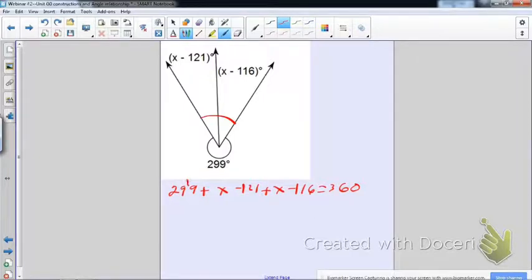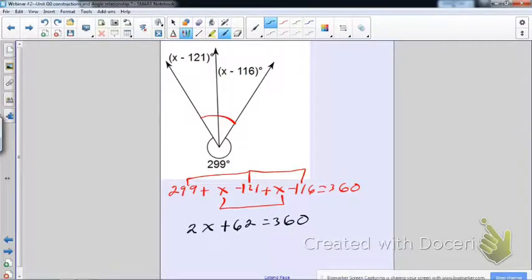So I'm going to combine things that are alike. I'm going to add these three because they're just numbers, and then combine these two because they're just variables. So I end up with 2x plus 299 minus 121 minus 116, which is 62, equal to 360.